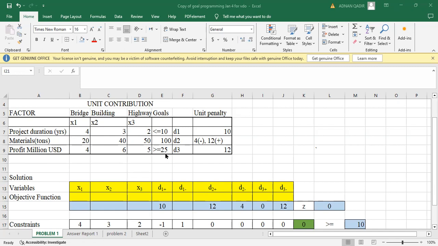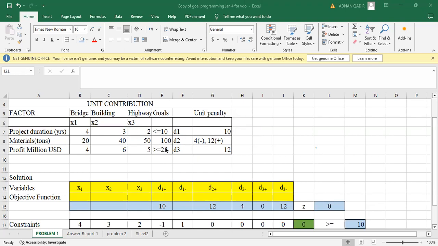By now, we must know that goal programming considers the deviation, and that's why we have D1, D2, D3 for each of the constraints. This D1 can be positive and D1 can be negative. So for the first, duration, he will be penalized if he exceeds that 10 years limit on these projects.